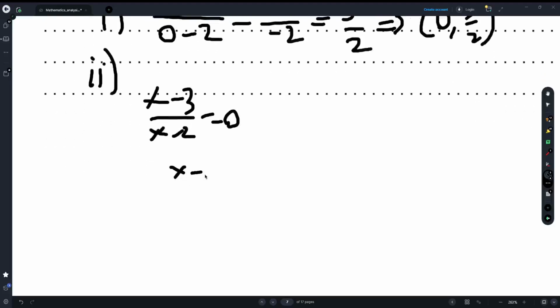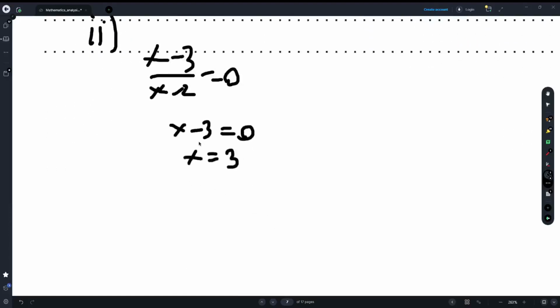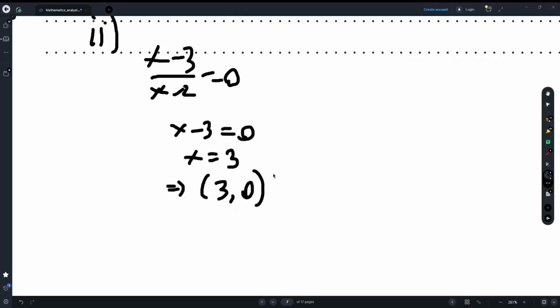So we get x minus 3 equals 0, so x equals 3. They want the coordinates of this point. Remember, this is a common mistake: do not put just the x coordinate. Make sure to give the full coordinates. So we get 3, 0. Perfect.